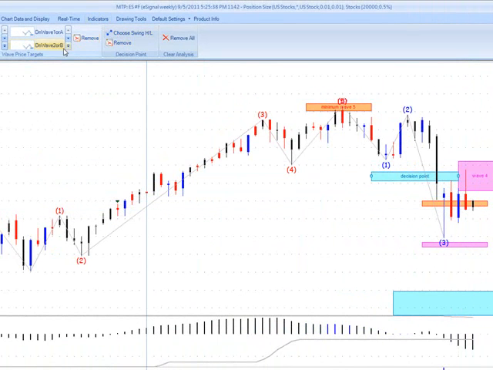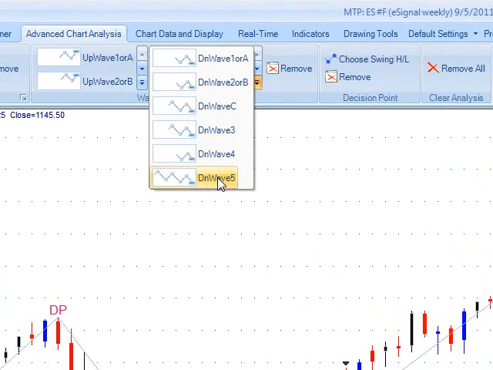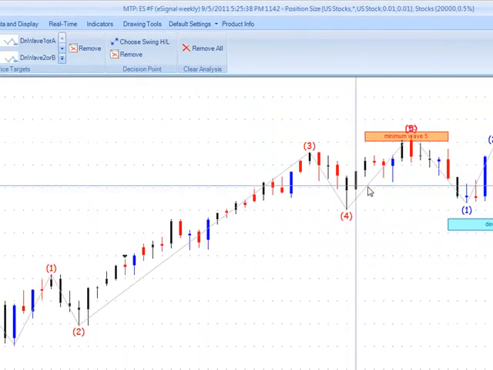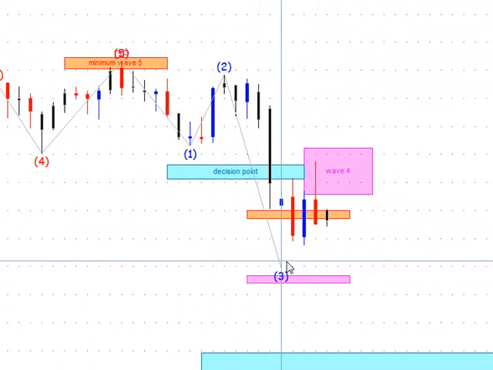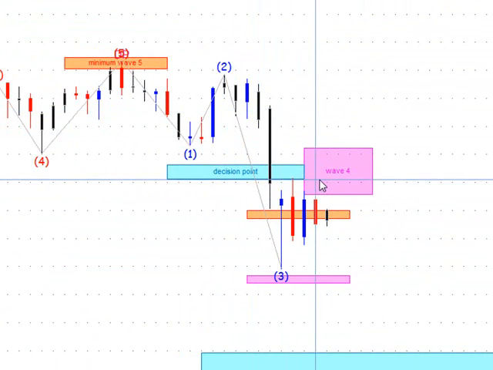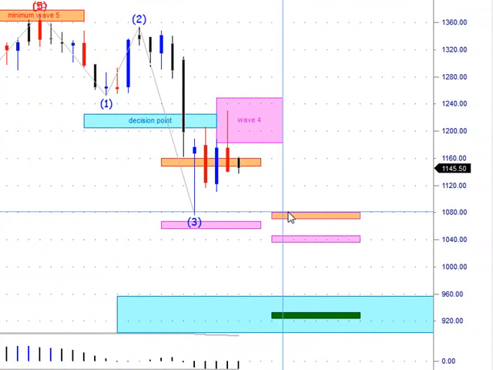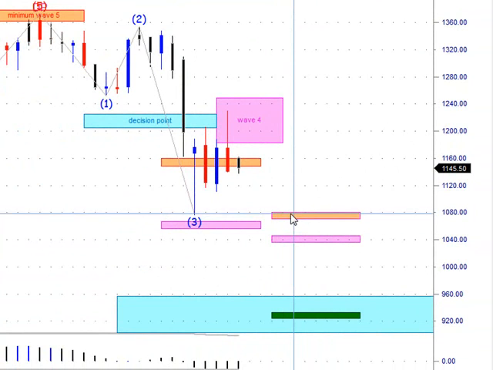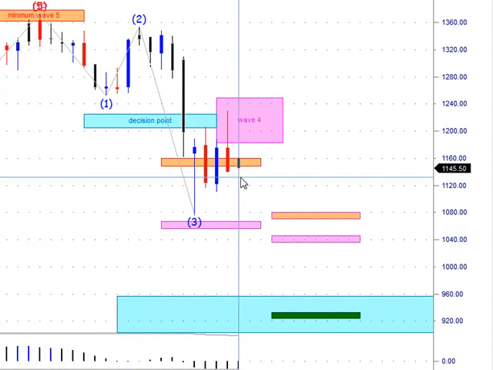Well, we can actually project the wave 5 down on this market here for the weekly time frame. Four and 5. So here's your wave 5 targets. The minimum wave 5 target sitting right around 1080 in the S&P.